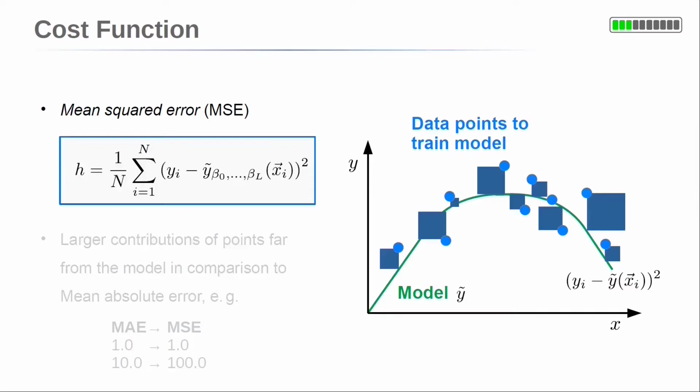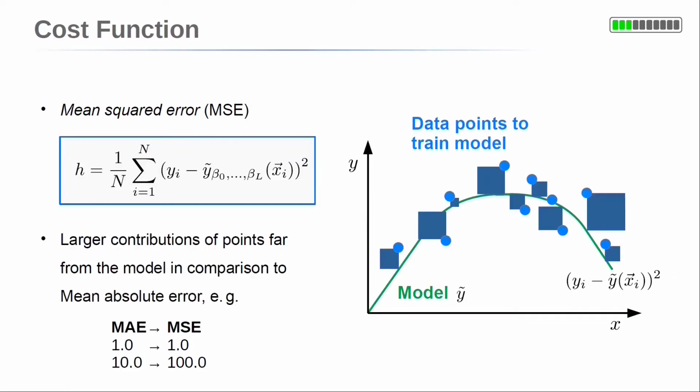On the right side, the contributions to the summation in the mean squared error are displayed. The squared distances between model curve and data points are represented by blue squares. In contrast to the pure distances in the mean absolute error, the squares penalize single large deviations much more.